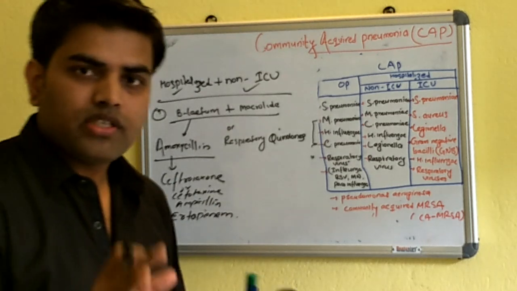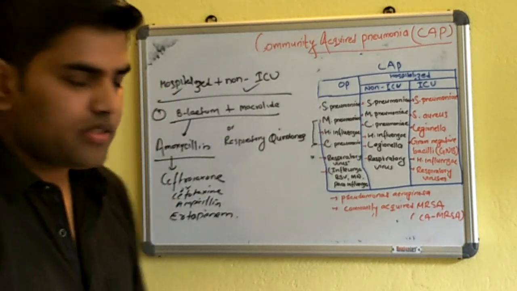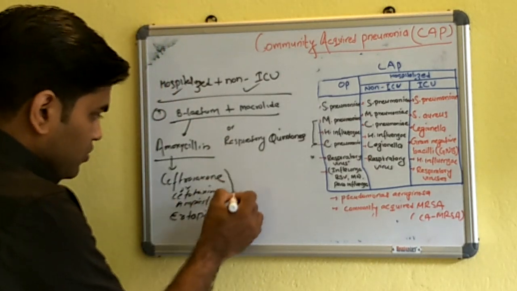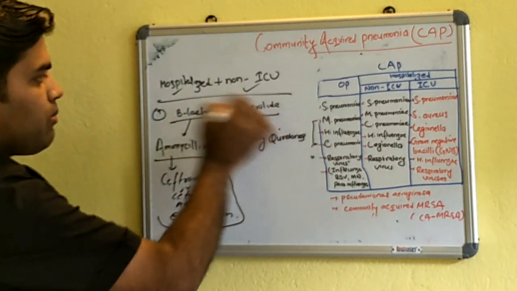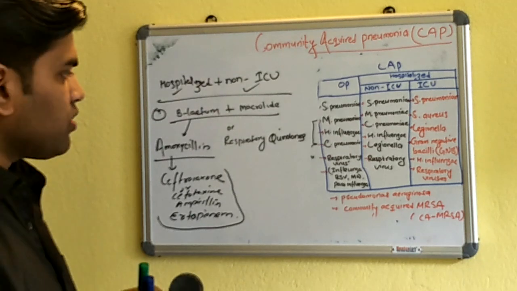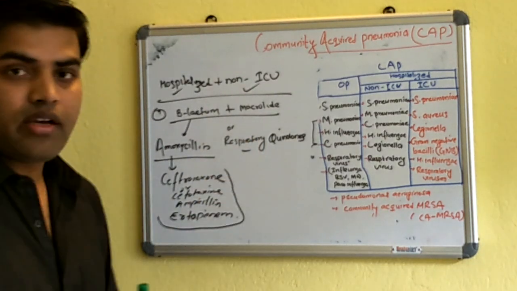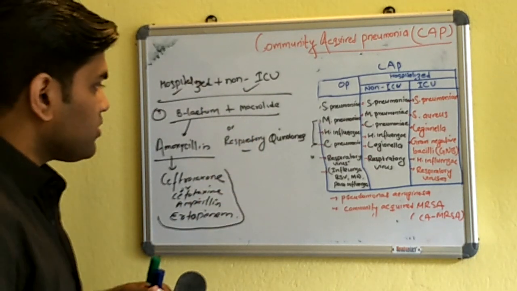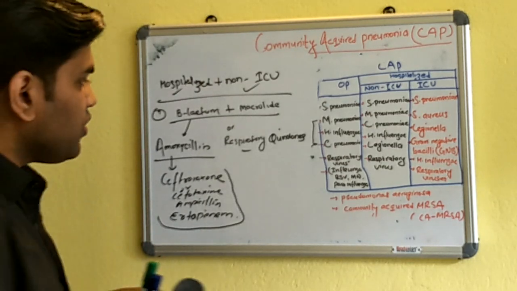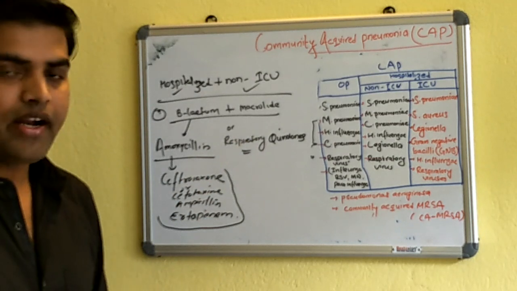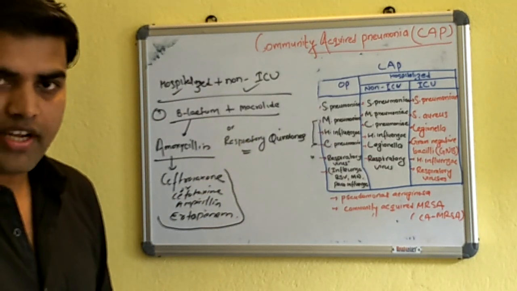Since now he or she is in the hospital, you can give these antibiotics. So directly go for ceftriaxone, cefotaxime, ampicillin or ertapenem, any of these plus a macrolide. That will be a better option, because you don't know whether he or she has TB inside; you have not ruled it out. If you have ruled it out, you can trust the fluoroquinolone also. Directly in inpatient also you can go for that.